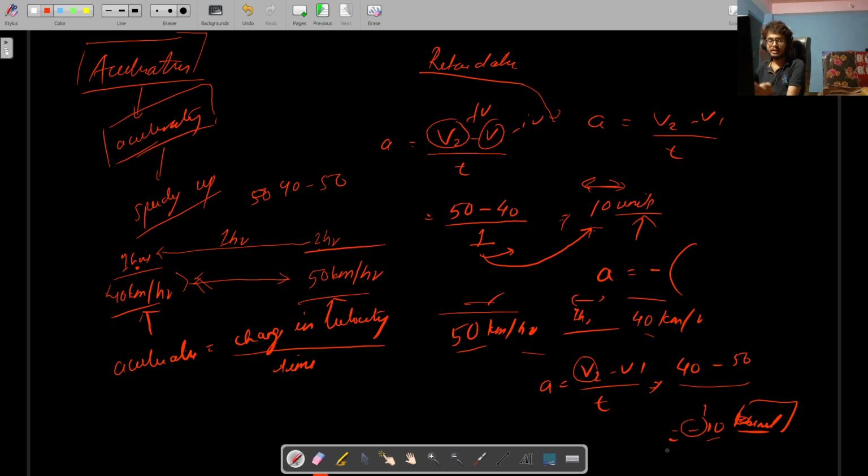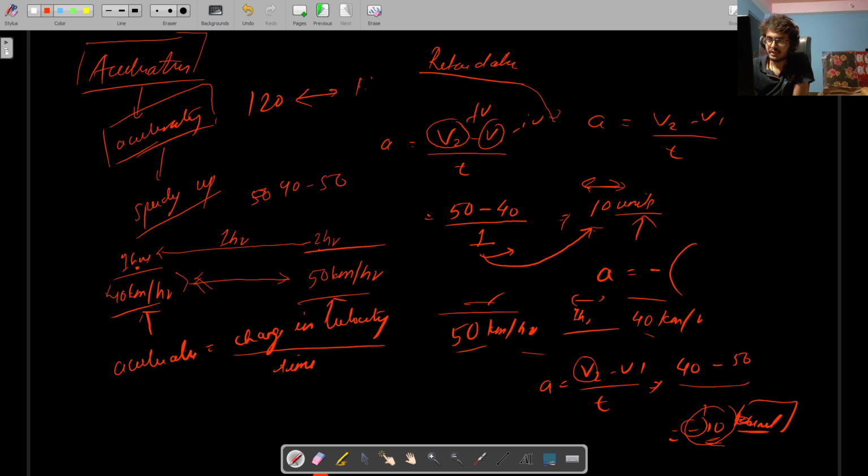So in 1 hour, your velocity decreased by 10, which means if you were initially moving at 120, what would be your velocity after 1 hour? You are retarding at this rate. In 1 hour? Yeah, in 1 hour. Lesser than 120. What would be the exact value if my retardation is minus 10? 110.